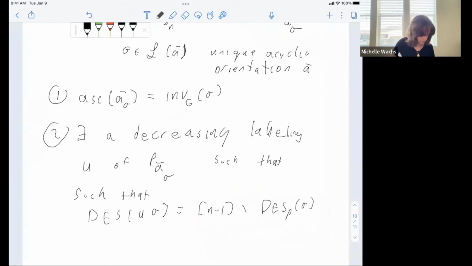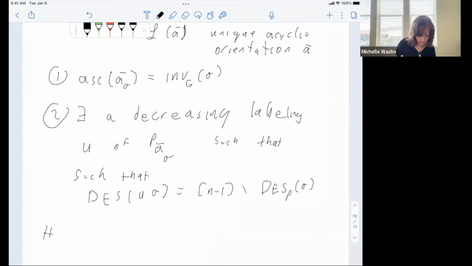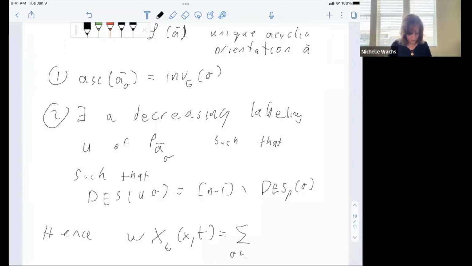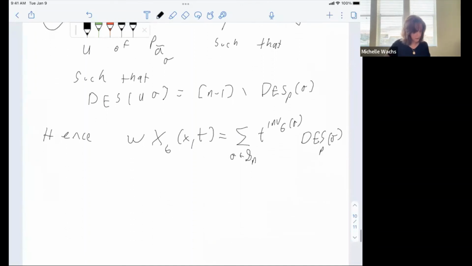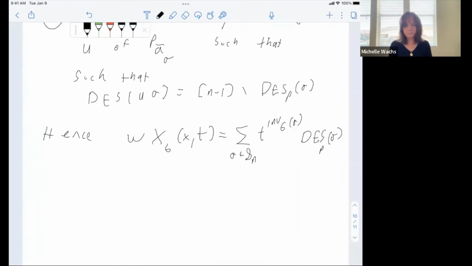And so, hence, omega x_G x_t, because omega takes complements in the fundamental basis. And I ran over, I'm sorry, but that's what I wanted to prove. So that's the decomposition using P partition theory.